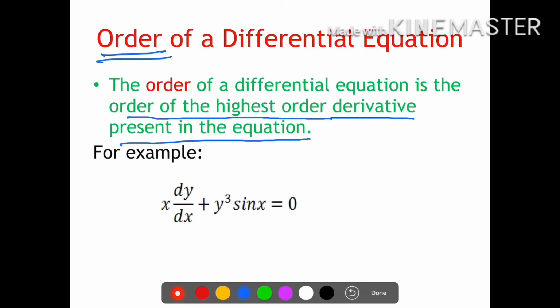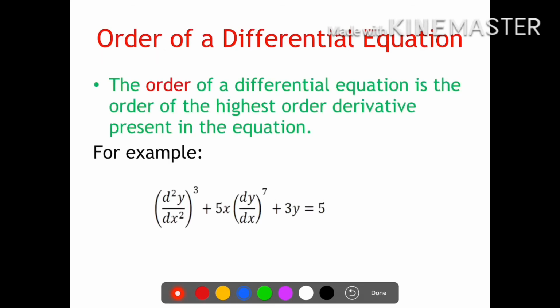Now find the term which contains the highest number of derivatives, or the term in which y is differentiated more number of times. Here only one derivative is involved and y is differentiated 1 time. That is why the order of this equation is 1.